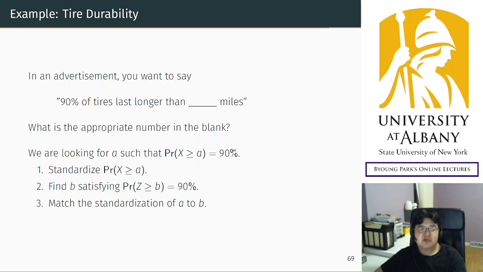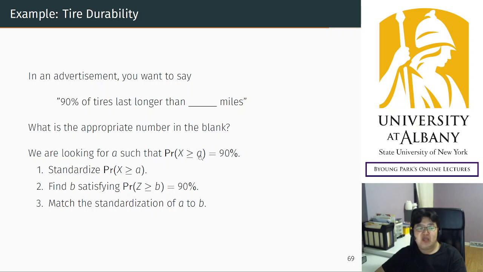So 90% of tires last more than A, right? So this sentence can be translated into this equation. And then so this is the starting point. Given this equation, what we are going to do here is we are going to standardize x here. We will standardize x into z, but the problem here is a is unknown.